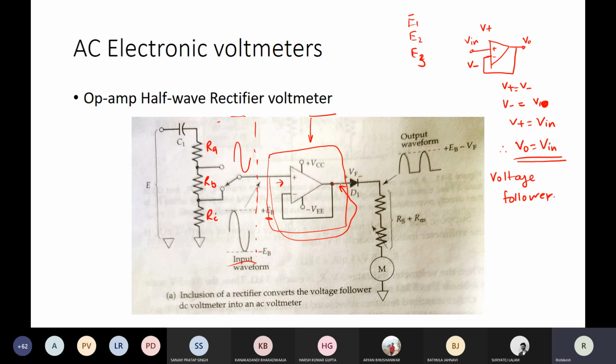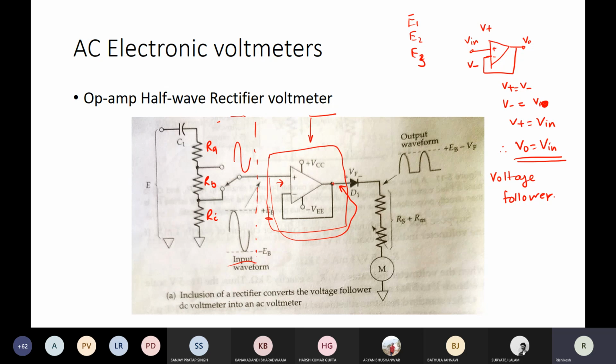The ideal output resistance of an op-amp is 0, and the ideal input impedance is infinity. We use that fact, that's why the voltage follower is used. It is simply a buffer taking input and providing it as it is as the output, just with these features: high input impedance, low output impedance.